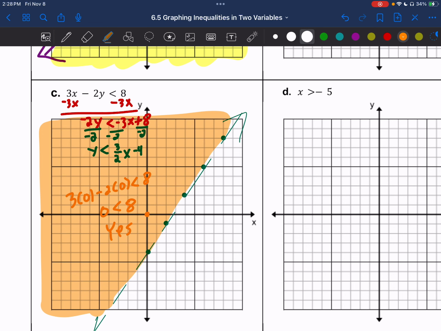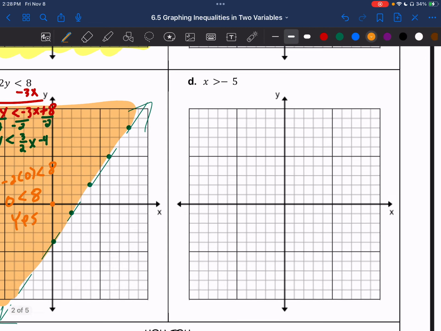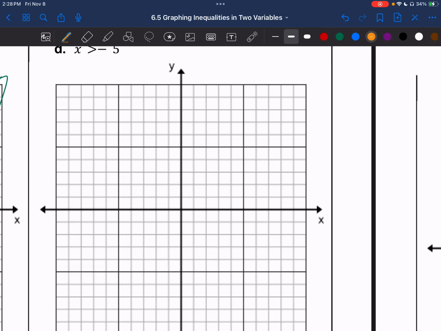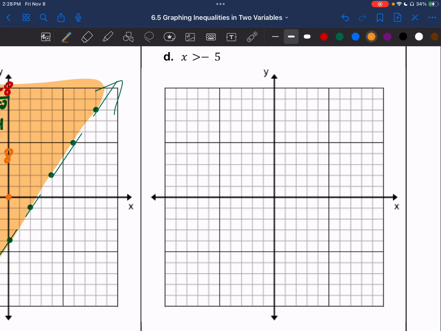Okay. All right. So, we are going to look at letter D. Letter D is x is greater than -5. So an x equals line is going to be a vertical line at -5, which is right here. So we're going to draw in our vertical line, arrows at the end, and we are going to make it a dashed line.